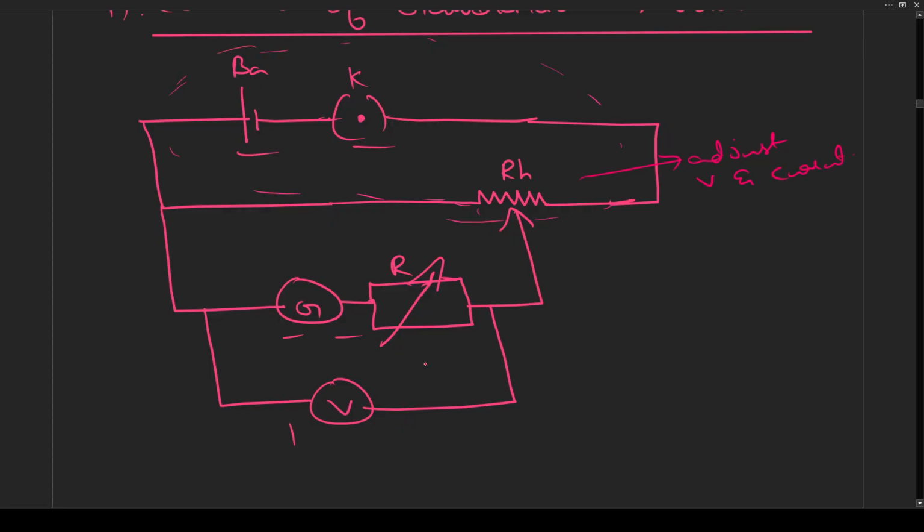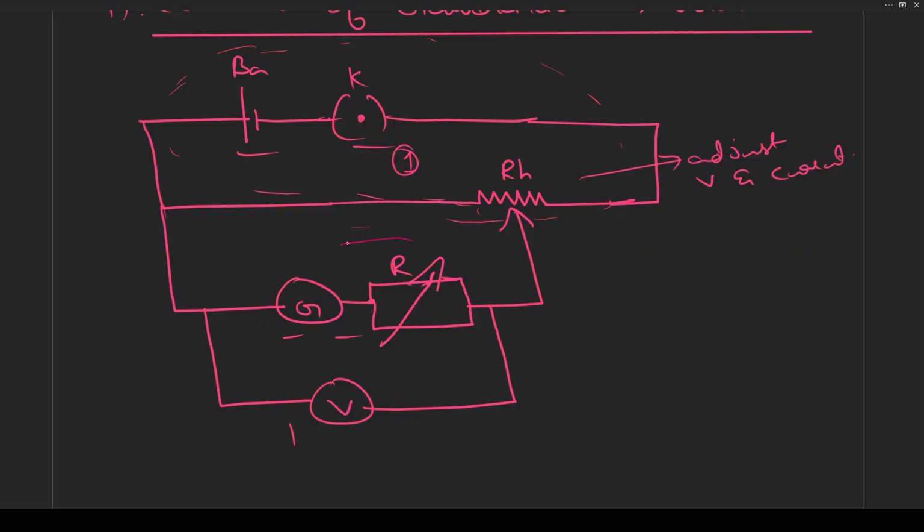That is the whole reason for this first loop. There is no other reason besides that. This whole thing is a single unit which is used to adjust the voltage and current in the circuit.